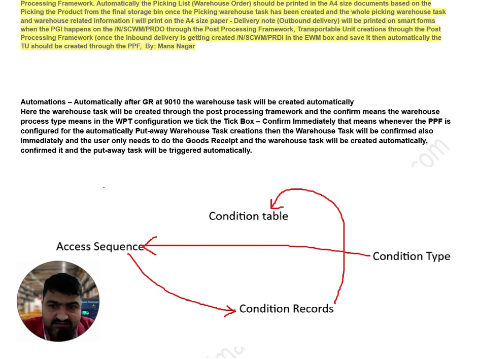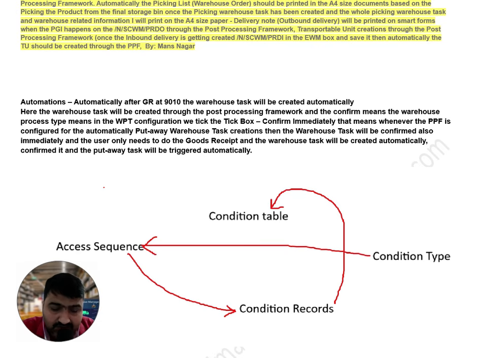That means whenever the post-processing framework is configured for automatic put away warehouse task creation, the warehouse task will also be confirmed immediately. The task would be created and confirmed immediately.